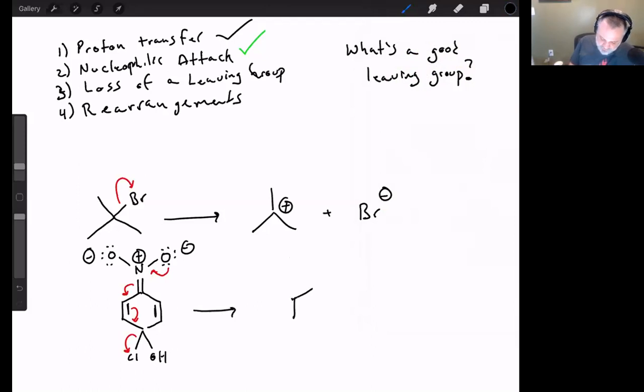And one of the things that's going to be incumbent on you to do is to get used to the different possible electron movements and thinking about what's a good leaving group and what's not a good leaving group.